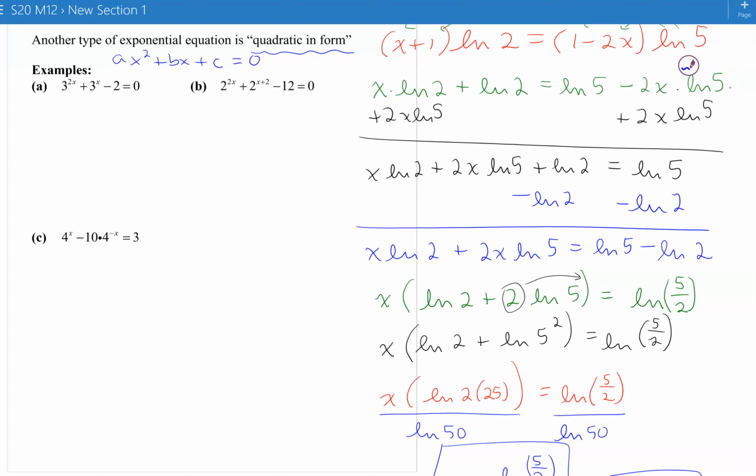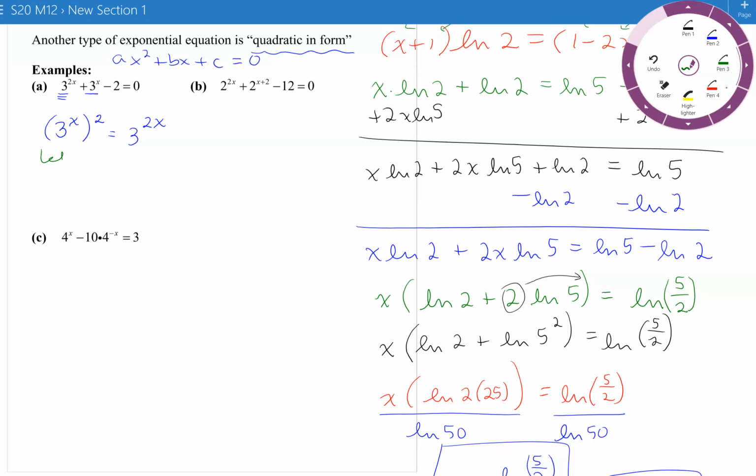So we're trying to see what could be squared to make that first term. So you need to think about, if you have 3 to the x squared, that equals 3 to the 2x. So you need to see that this first term is the second term squared.